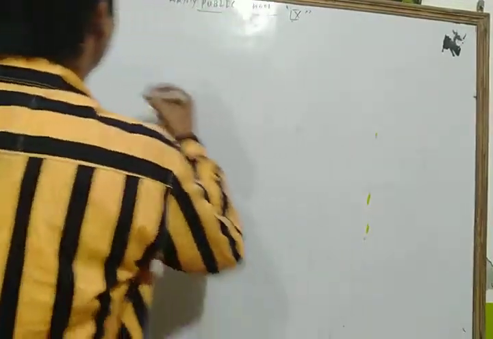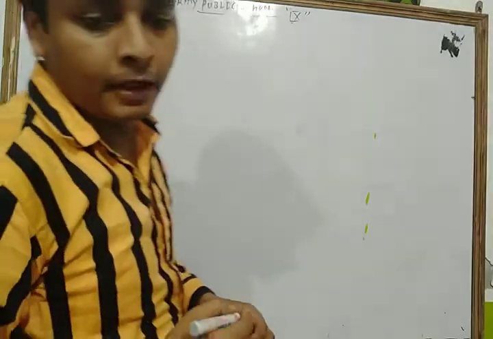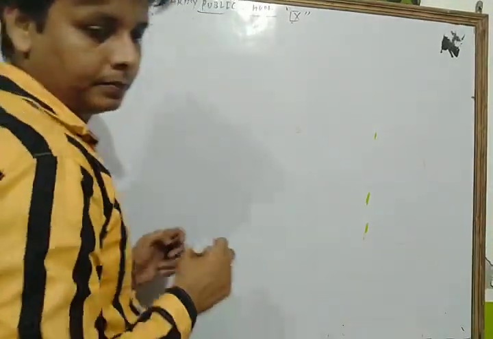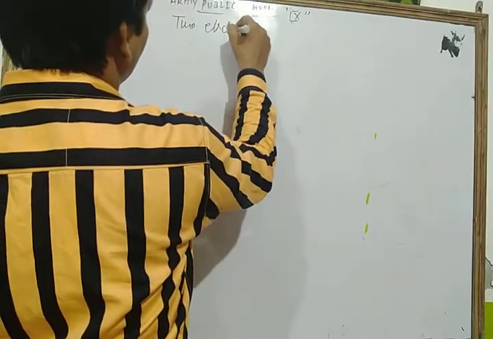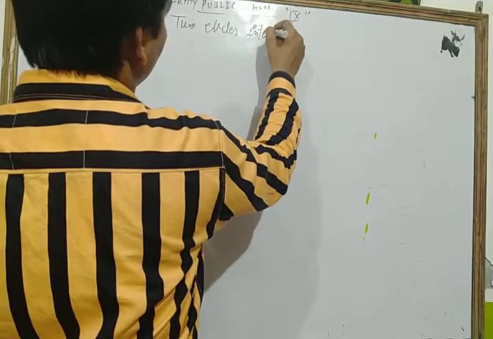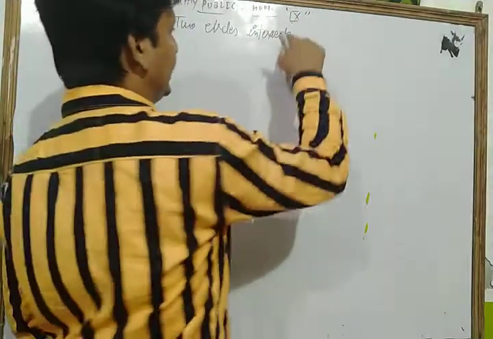Your next question is, this is a very important question of your NCERT exercise. Two circles intersect in A and B.